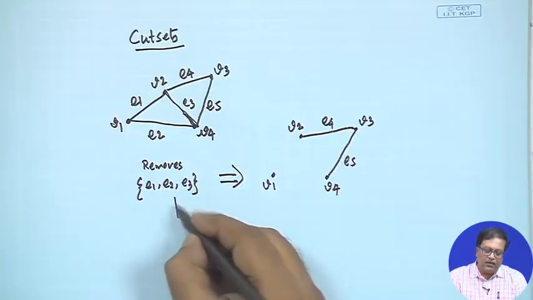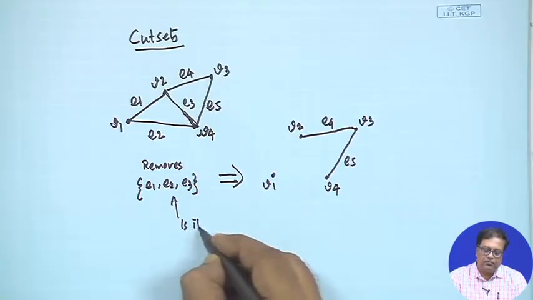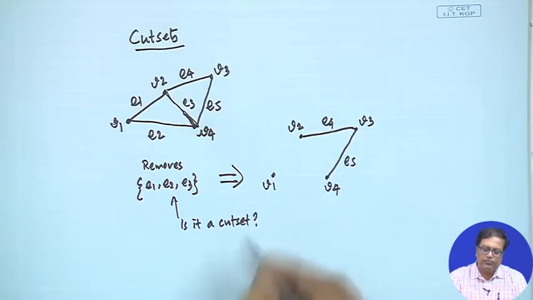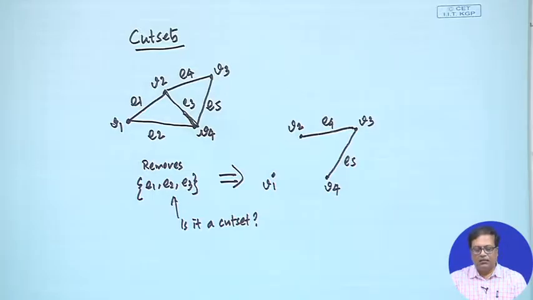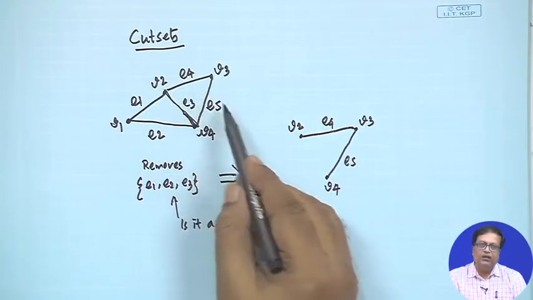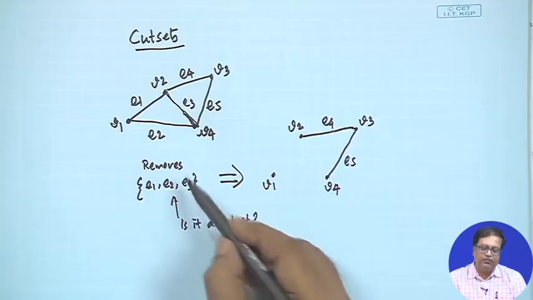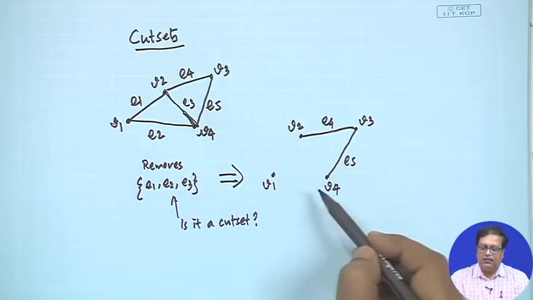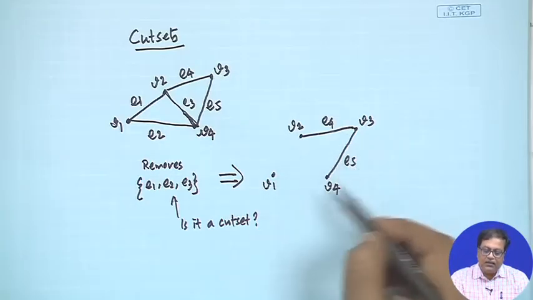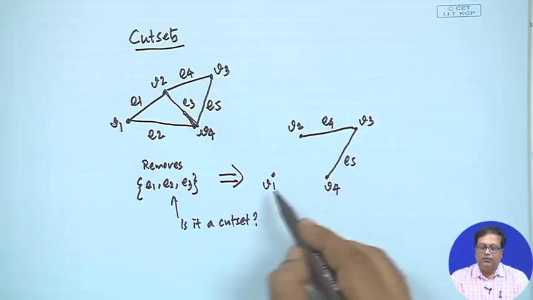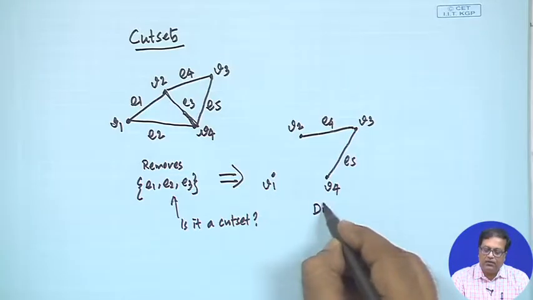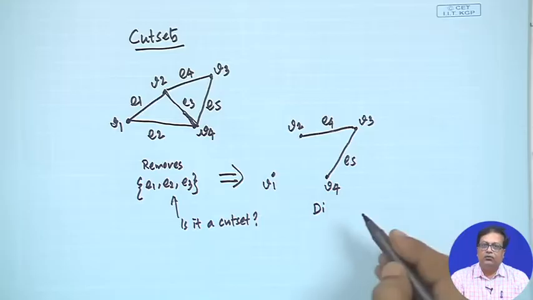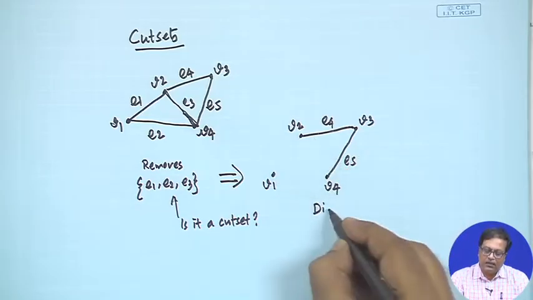Is it a cut set? We have a graph, from this graph we have removed 3 edges, and this is the resulting graph. Is it a disconnected graph? Yes. Why? Because V1 is on one side, V2, V3, V4 on the other side, and there is no path from V1 to those vertices.